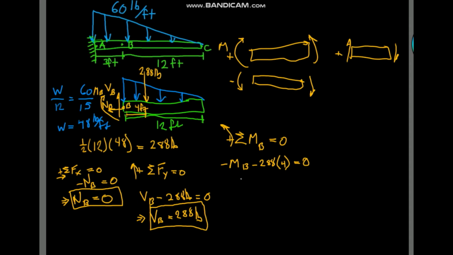And when we solve for that, we'll get that the moment M_B is equal to negative 1,152 pound-feet, which is equal to negative 1.152 kip-feet.